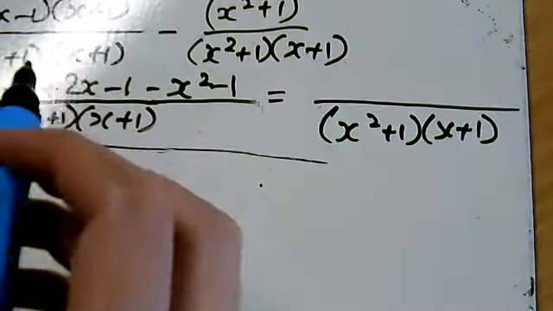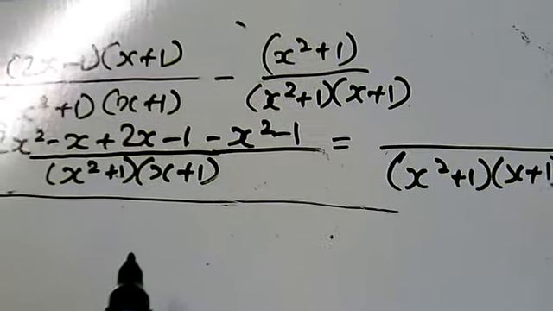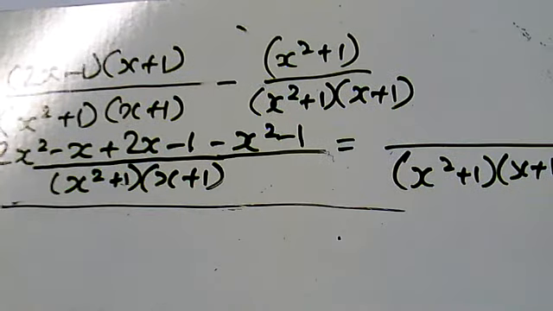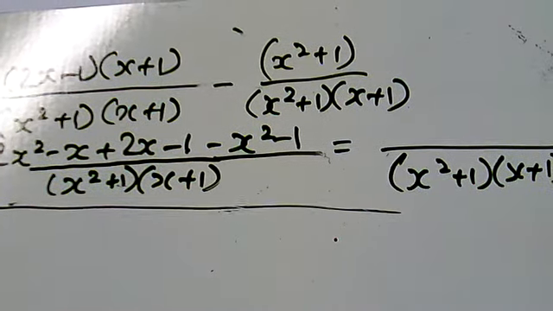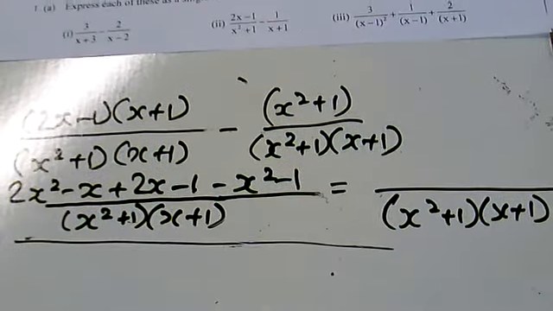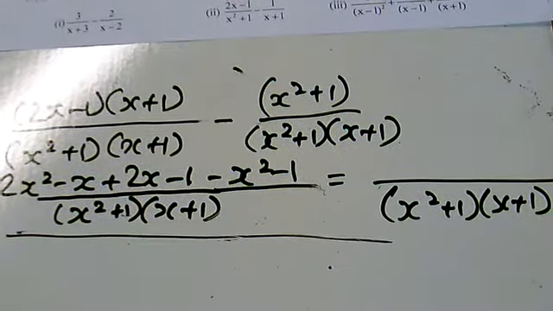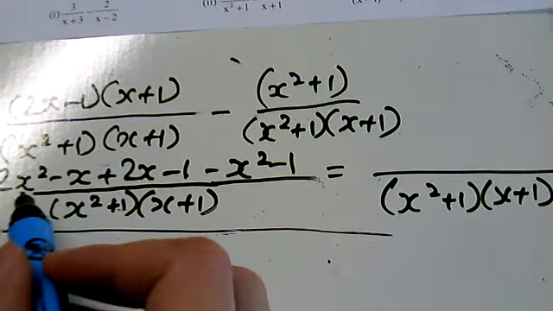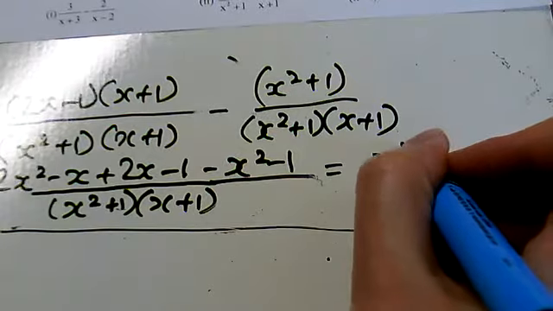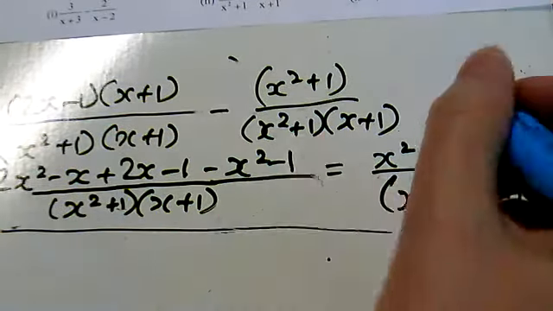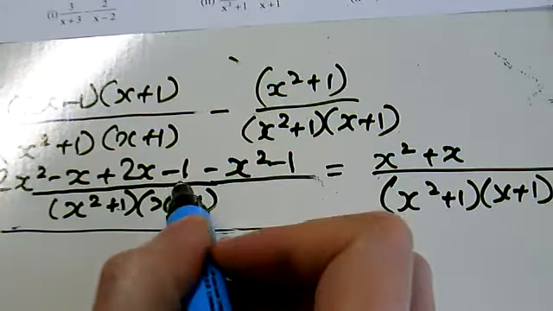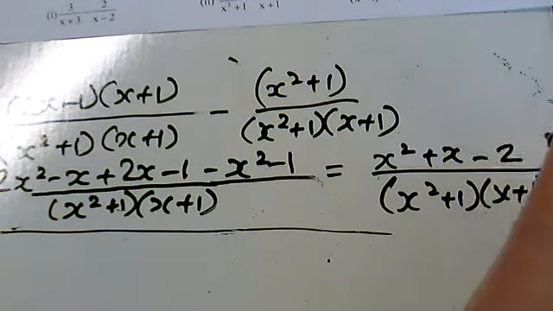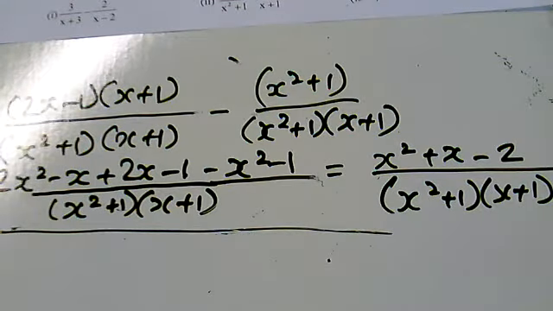So, looking at the top here to tidy up, we've got two x squared, take away an x squared leaves 1x squared. I've got plus x here, and minus 1 is minus 2. Can I factorise that?